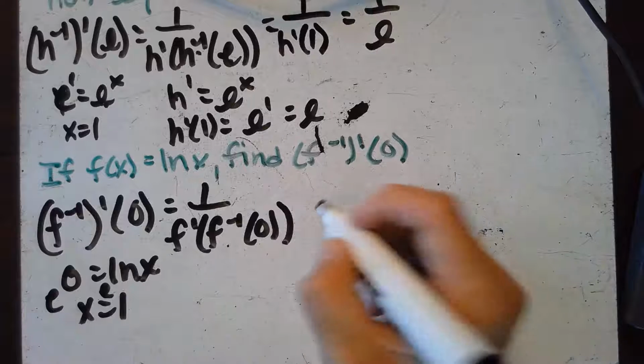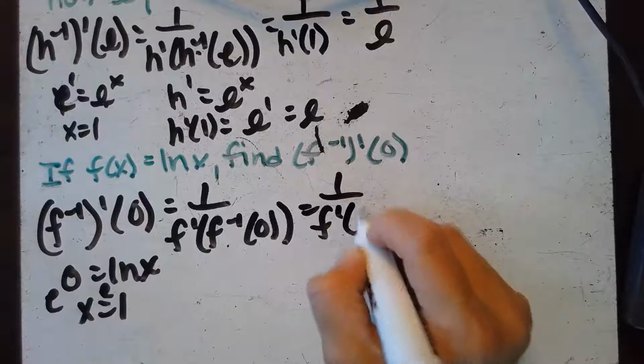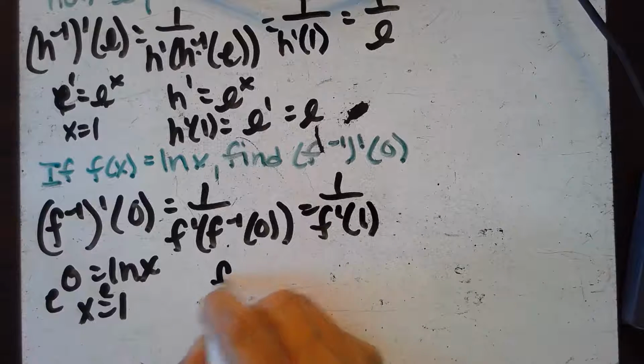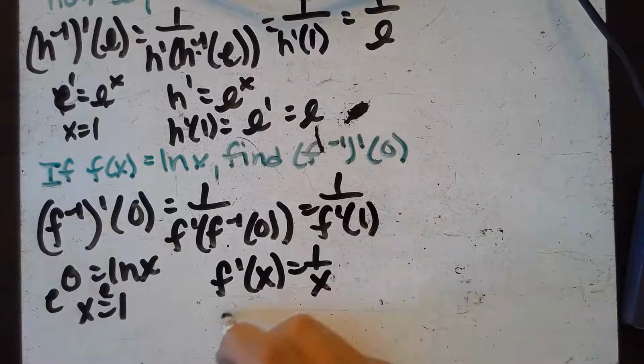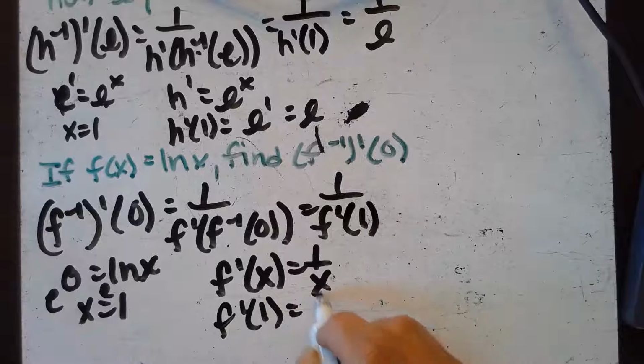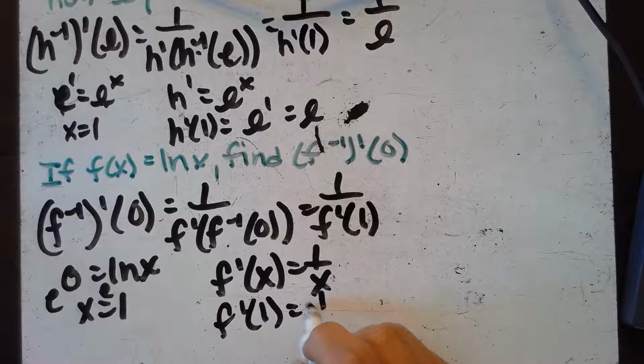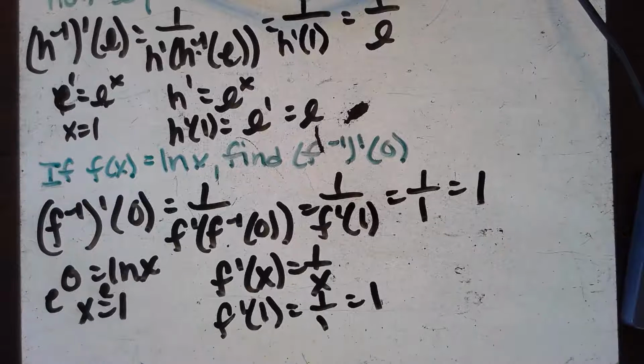So here I'm going to replace it. I've got to find a derivative. The derivative of that is 1 over x. So when I plug in 1, 1 over 1 equals 1. So this is 1 over 1, which equals 1.